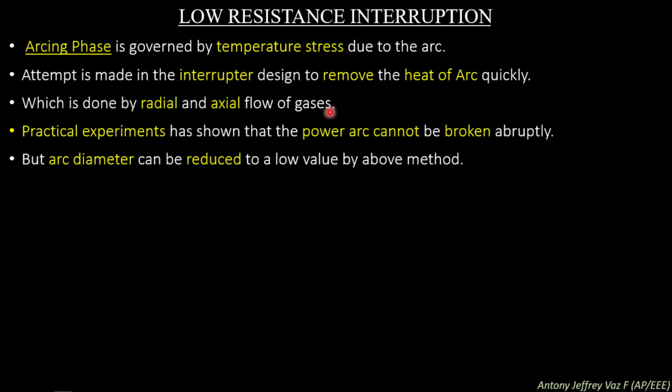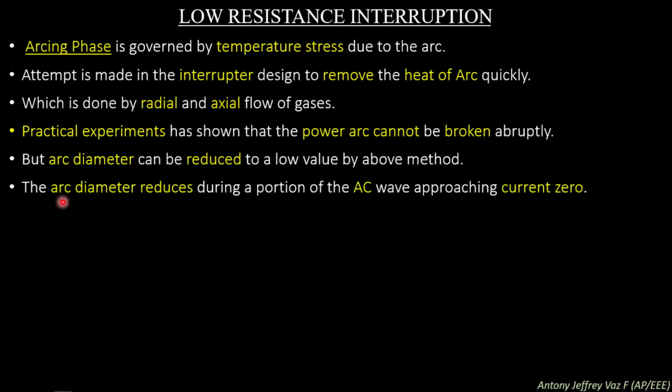If the arc current is very high, then we cannot cut off the arc at current 0. It will restrike after current 0 because the arc current is more. It has more capability to restrike again and again. In such cases, the arc diameter can be reduced by approaching current 0 position.